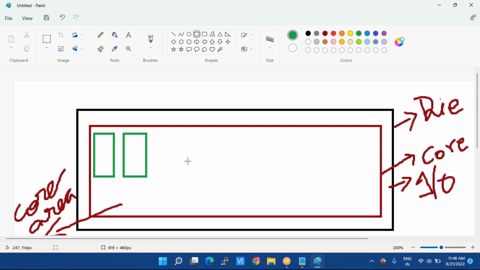Once I want to do that power planning, first I have to think where exactly the high power consumption places are present, let's say the industrial ones. According to the industrial, I need to provide that power. So first come macros, the high power consumption circuits, which I will try to place first.